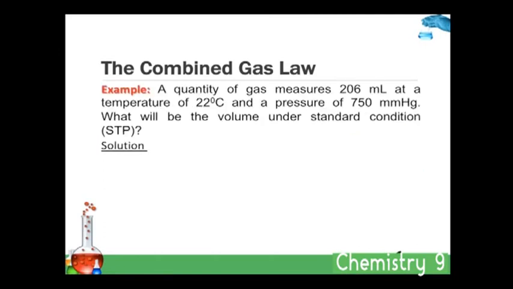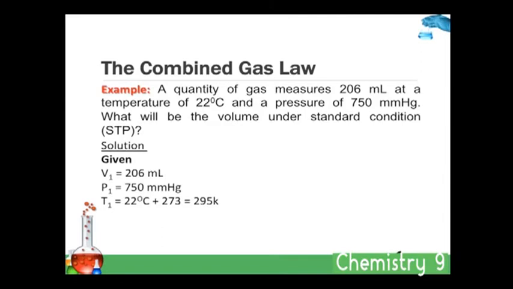A quantity of gas measures 206 milliliters at a temperature of 22 degrees Celsius and a pressure of 750 millimeters of mercury. What will be the volume under standard conditions, or standard temperature and pressure? We're given volume 1, pressure 1, and temperature 1.